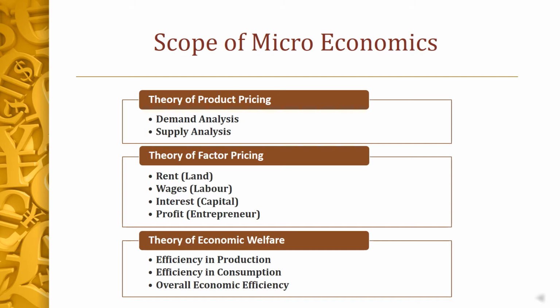That means those goods which are most desired by the people are produced in the economy. As a result of these 3 points, the economy will progress, the nation will progress.